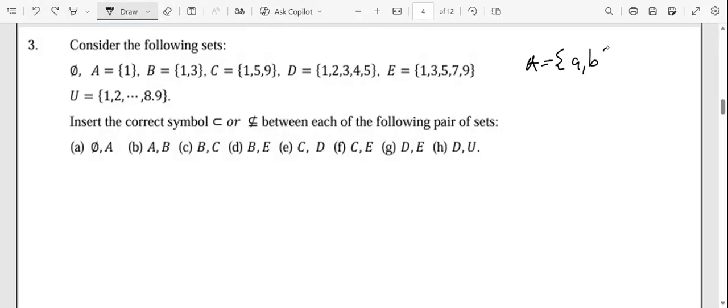Suppose I give you set A has these elements, okay? Then I ask you how many subsets does A have or contain, when given that it has two elements?